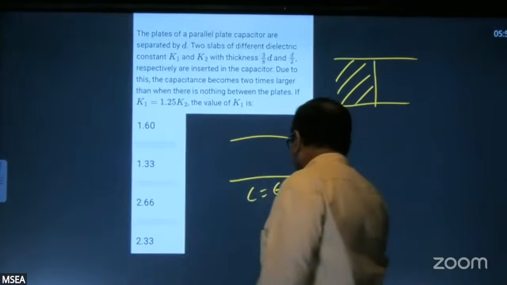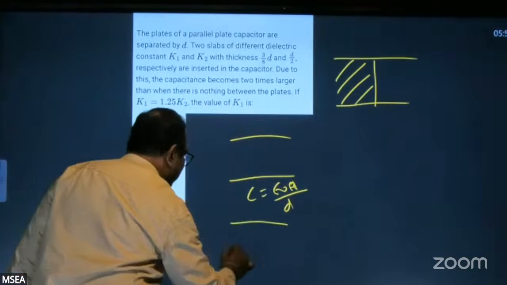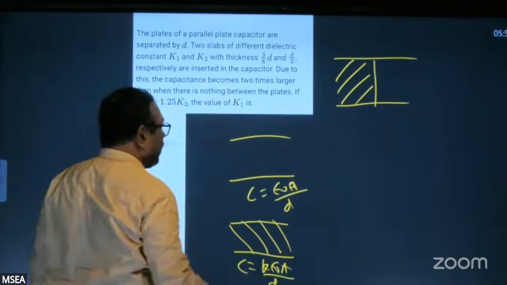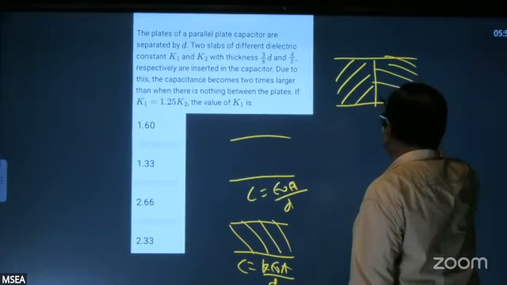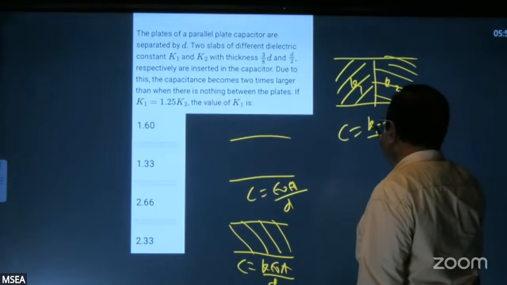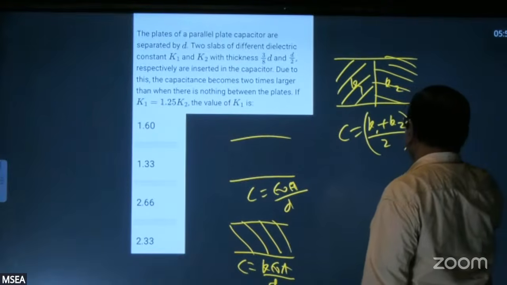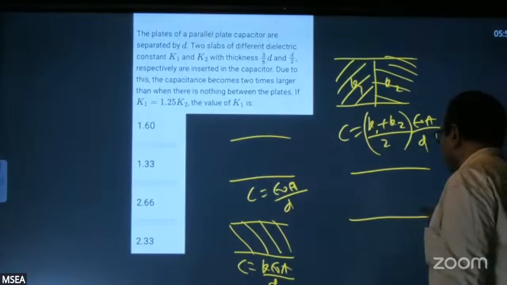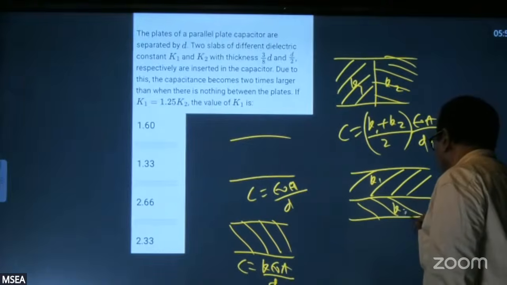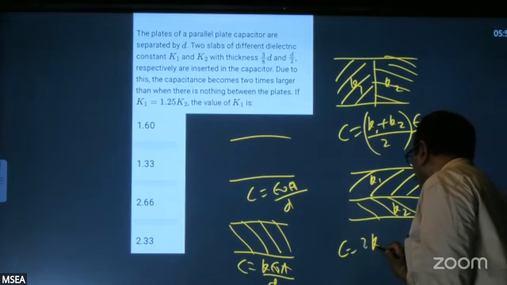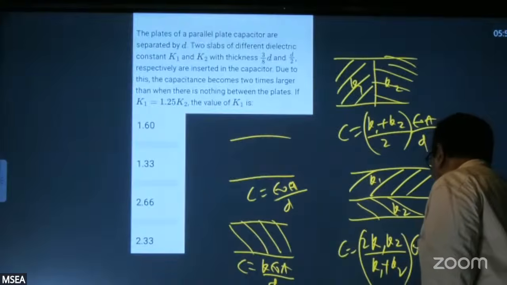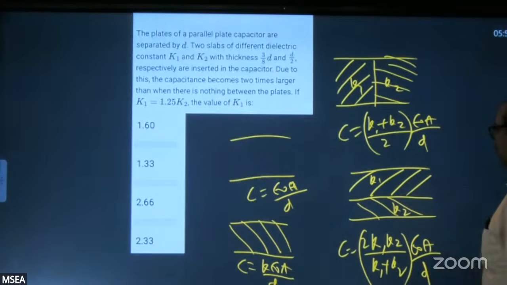Epsilon naught A by D. If a dielectric is kept completely, then the capacity is K epsilon naught A by D. Suppose two dielectrics are placed, K1 and K2, then K equivalent is K1 plus K2 by 2 into epsilon naught A by D. If the dielectrics are placed the other way, K1 and K2, then equivalent K is 2 K1 K2 by K1 plus K2, into epsilon naught A by D. That way we have to take it.